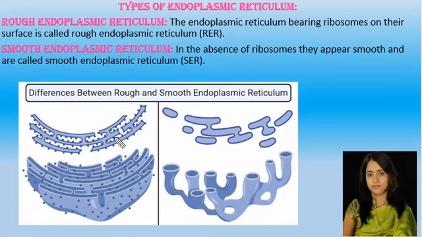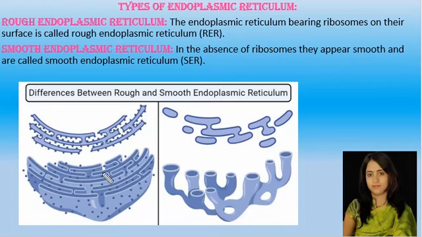The rough endoplasmic reticulum is involved in the synthesis of enzymes and various types of proteins, whereas the smooth endoplasmic reticulum is involved in the synthesis of glycogen, lipids and steroids.